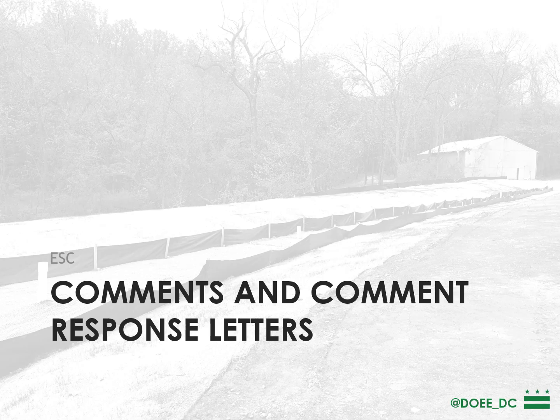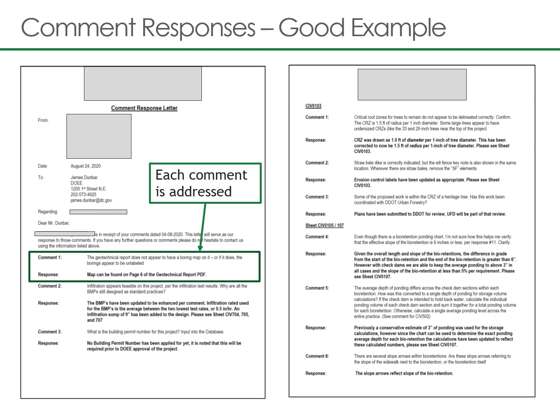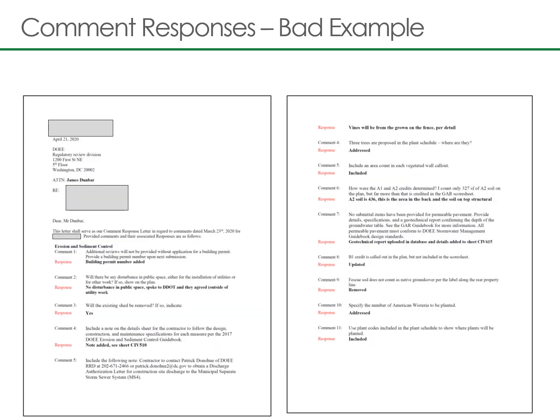When you receive comments from a reviewer, you're going to respond and make corrections to the plans and provide a comment response letter to the reviewer. It's very important that each comment be addressed in the comment response letter, and it's also very helpful to specify the location in the plan set where that comment has been addressed. This eases the review for the reviewer and speeds your approval process.